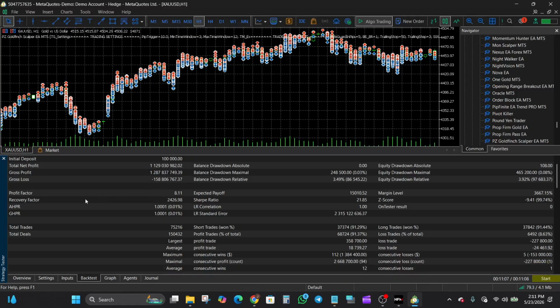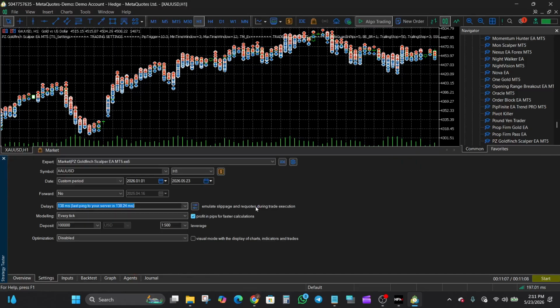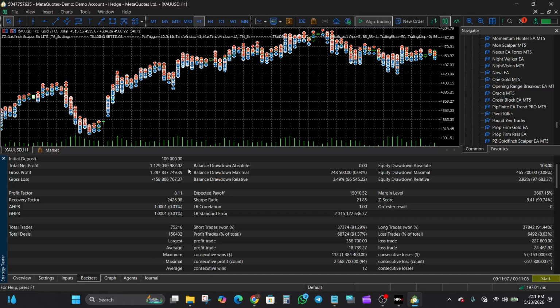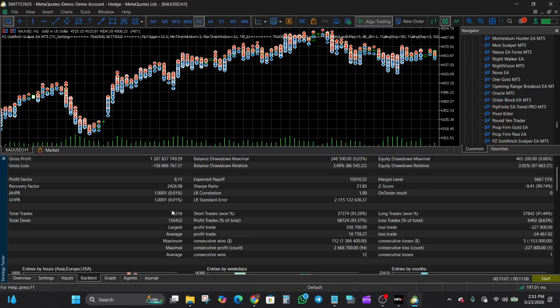And then we can see that 75,216 trades we are taking. Remember that the backtesting took place in less than 5 months. Over less than 5 months, and this is the result we are seeing. Okay, I am kind of impressed, but remember that historical backtest results do not guarantee future performance.